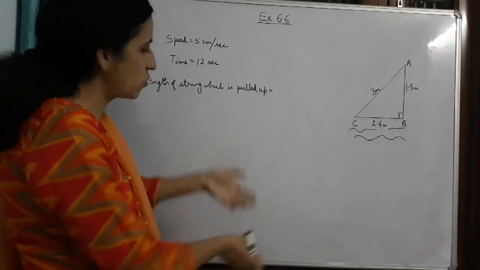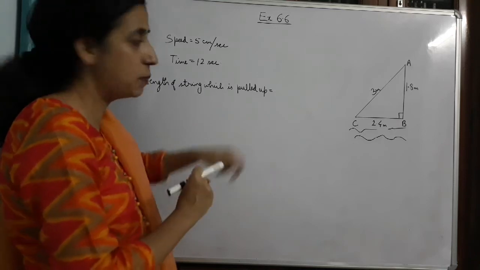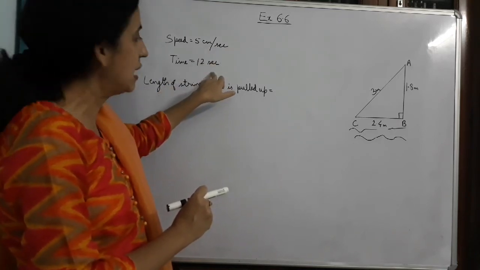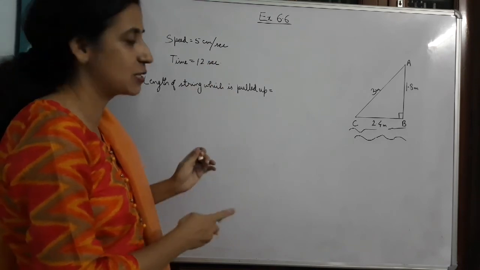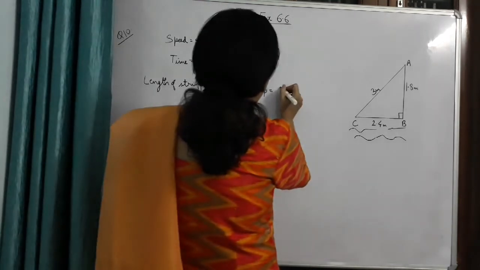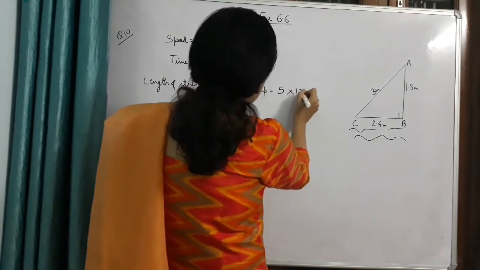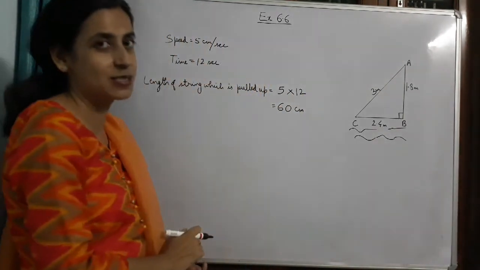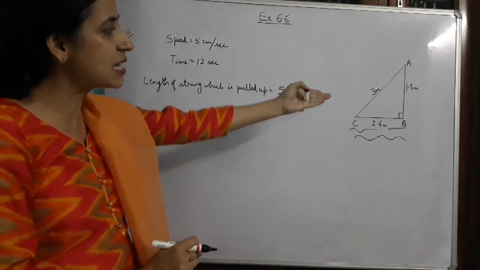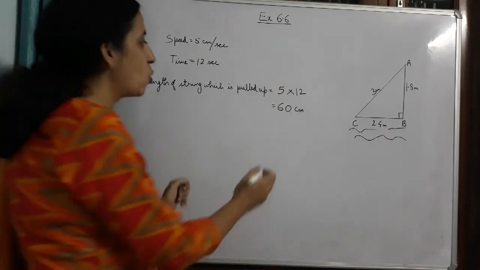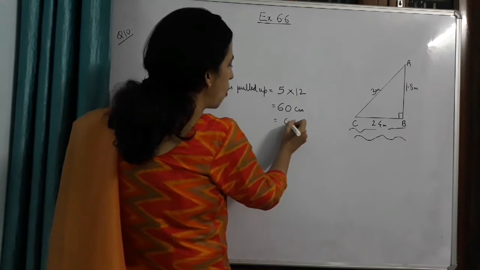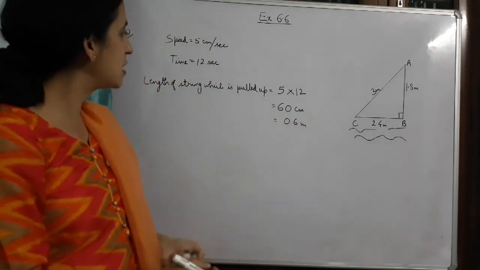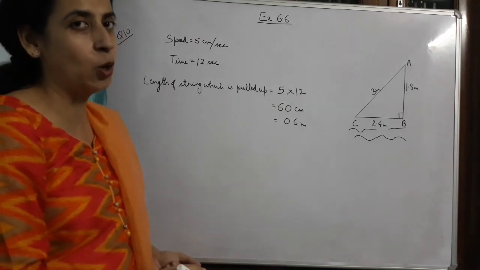So the length of the string which is being pulled up would be speed into time, centimeters per second into seconds will give us centimeters. So 5 into 12, which comes out to be 60 centimeters. Since all the other things are given to us in meters, we can write this as 60 upon 100, that is 0.6 meters. This is the length of the string which is being pulled up.